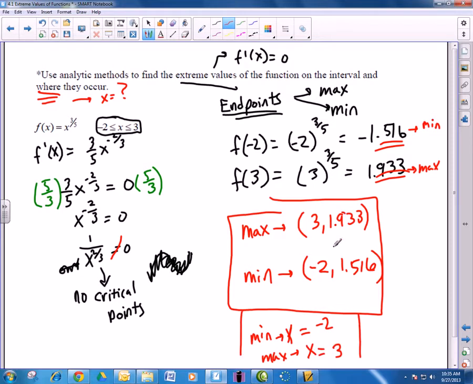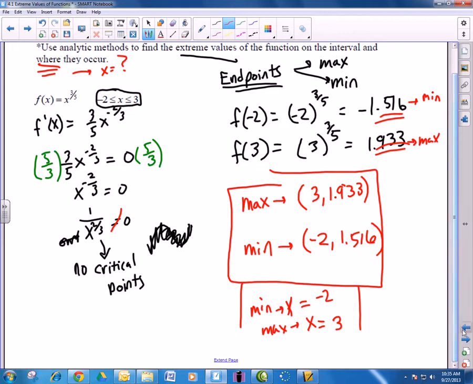You could either do the coordinate, whereas if you have the y value, you need to find it anyway, just put it anyway, or the x value tells you where something occurs. And later on, when we apply a lot of this stuff even further and start answering problems, where something occurs is very important, because sometimes they ask you where it occurs versus what is the maximum value, something like that.